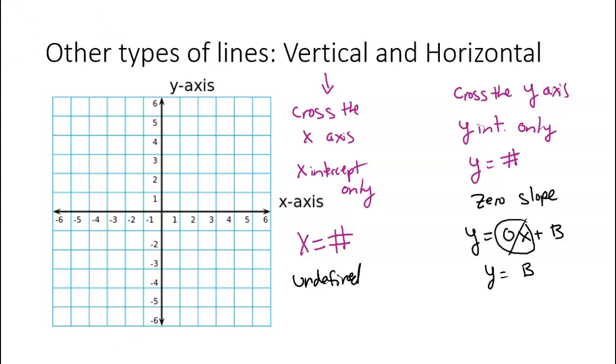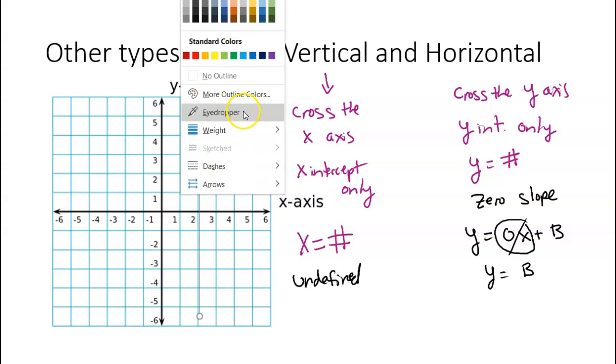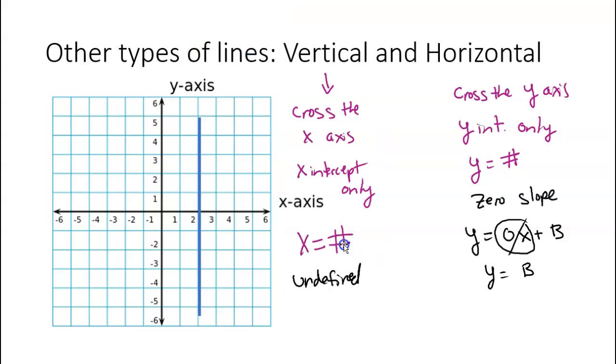So I have a graph here for some help. So what happens if I drew a line, and let's make it thicker so we can actually see it on my graph. So here's a line. Notice it's vertical. So again, if I drew arrows at the end to indicate it goes on forever and ever.